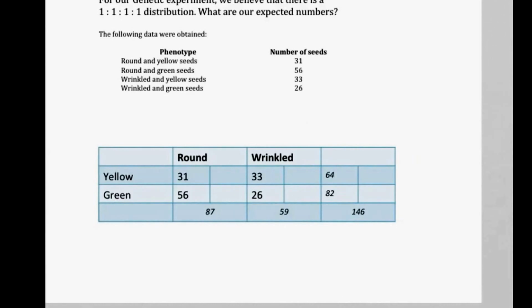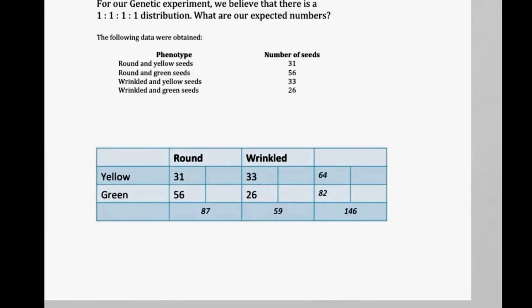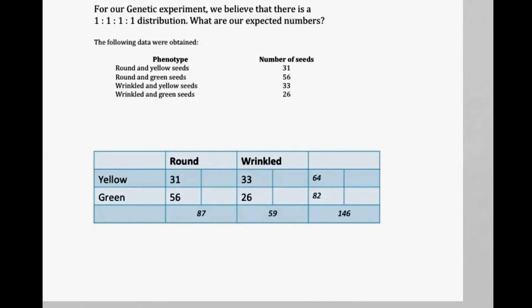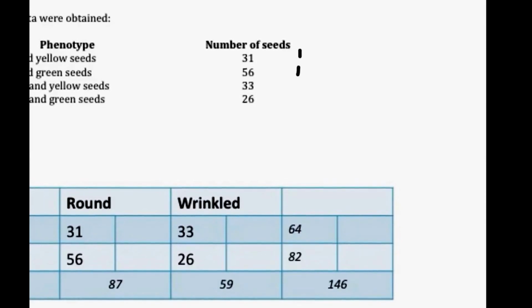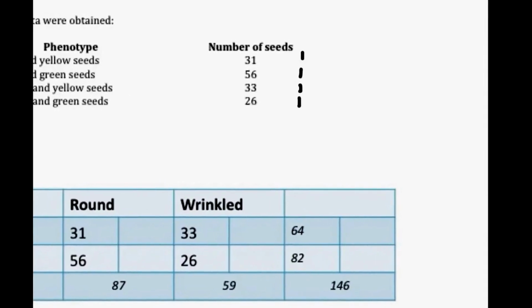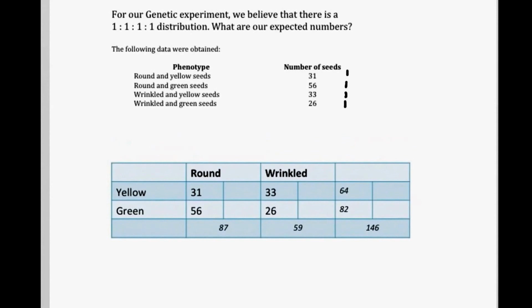Now let's go back to our genetic experiment that Gregor Mendel did. And we can say, for example, we expect a 1-to-1-to-1-to-1 distribution. So that actually means that our distribution would be 1-to-1-to-1-to-1 here. And now how can we calculate our expected numbers?